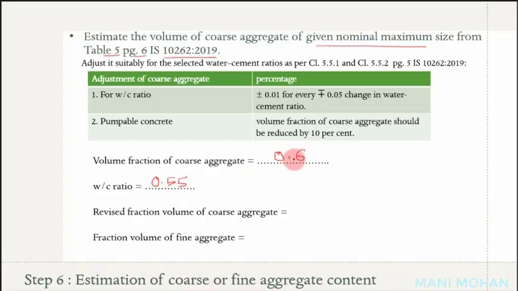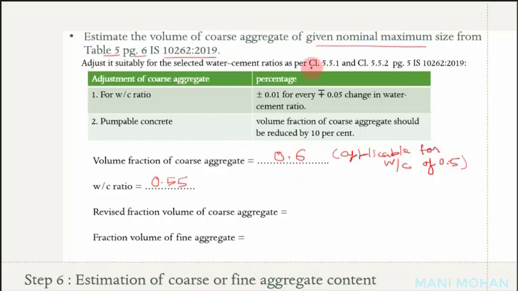Please mark that this 0.6 volume fraction of coarse aggregate is applicable for a water cement ratio of 0.5. I'll write: applicable for water cement ratio of 0.5. As you can see, the adopted water cement ratio is 0.55, so I need to modify this volume fraction. How can it be done?